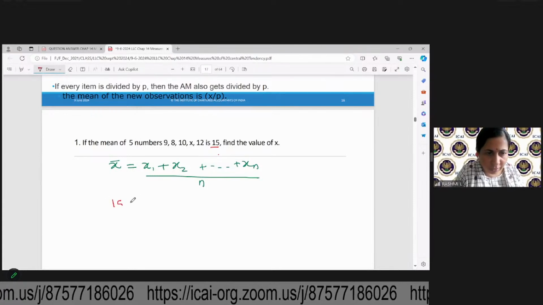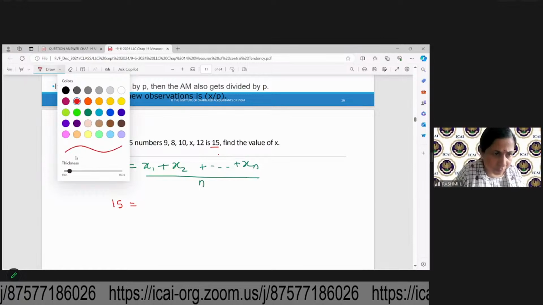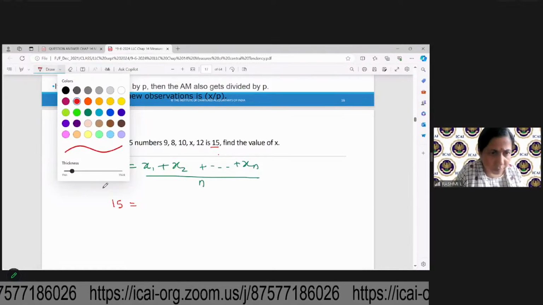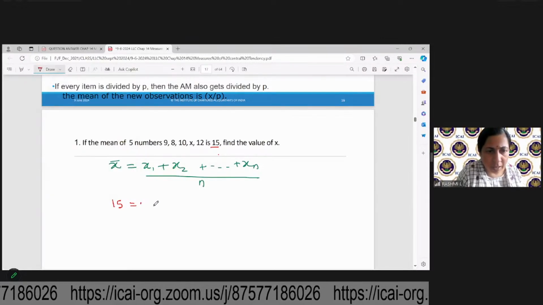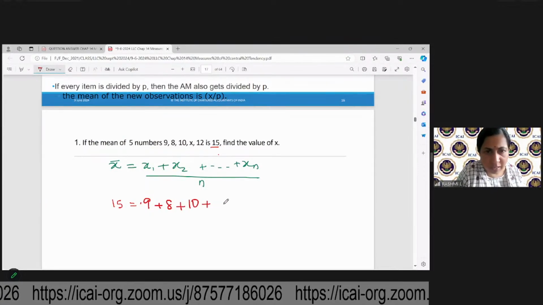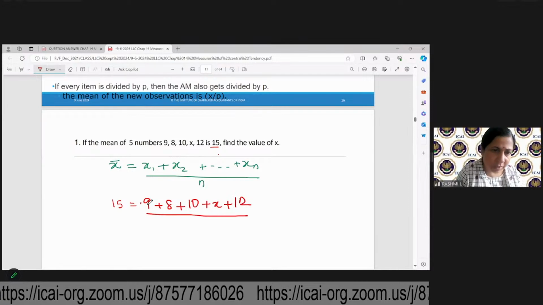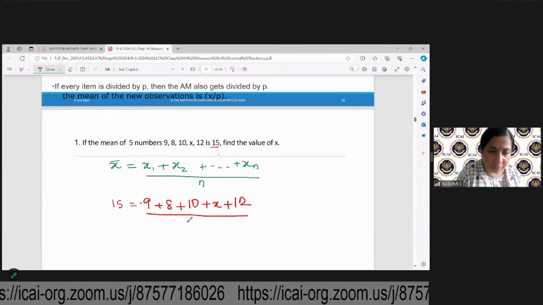So 15 is equal to 9 plus 8 plus 10 plus x plus 12, upon how many numbers are there? 1, 2, 3, 4, 5, upon 5.